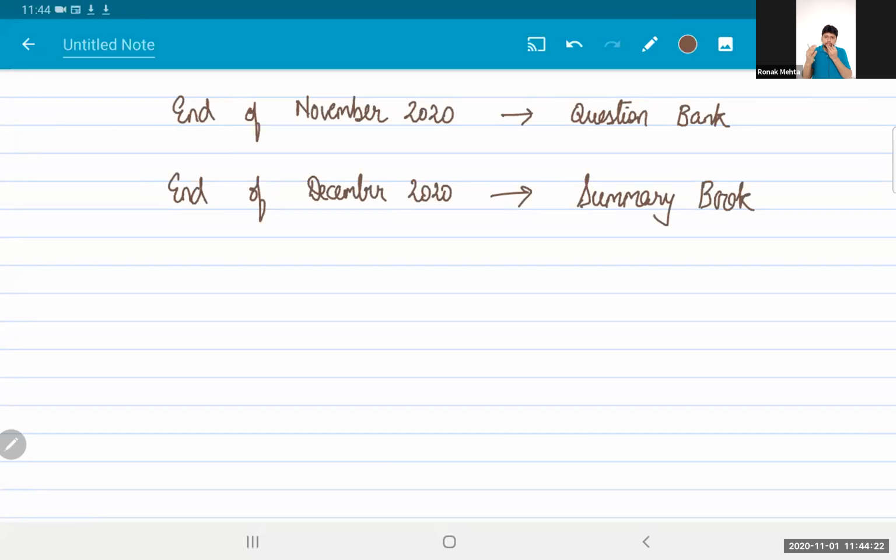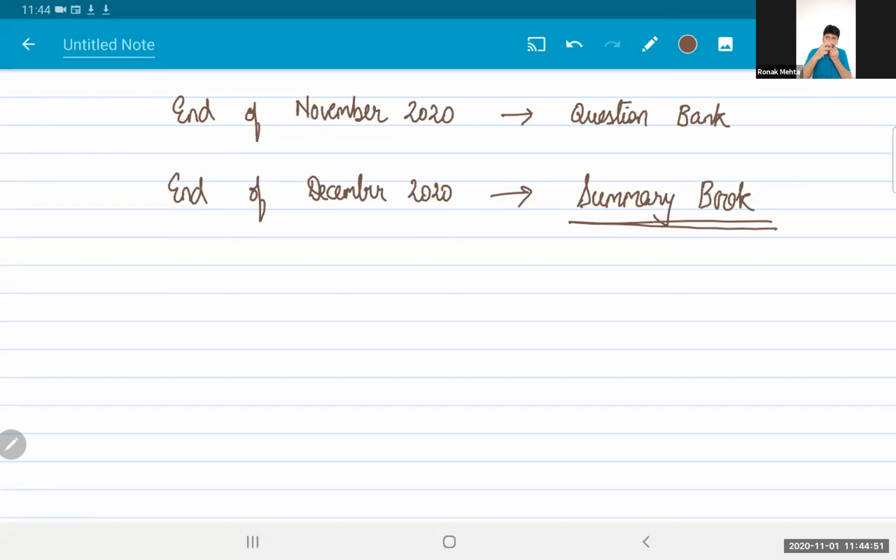So on an average, you have about 1300 to 1400 pages to read in DT. You can't study from all those 4 textbooks one day before your exams. So I will be giving a summary book to you where chapter wise everything will be summarized in the form of charts, tables, theory, point wise. Amendments will be separately highlighted.